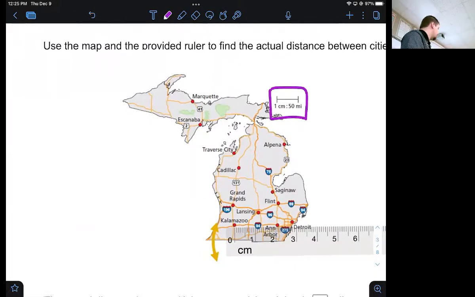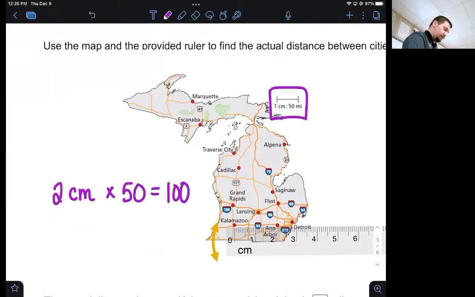Okay. So 2 centimeters, if 1 centimeter is 50 miles, then 2 centimeters would be 100 miles.